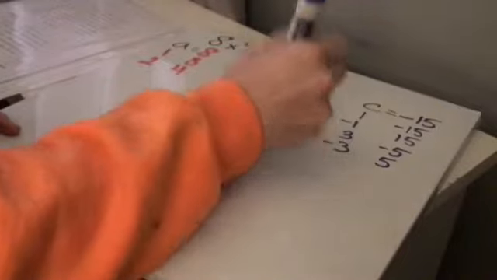Okay, so now we're going to try 2 and 4 with all of these. So we'll do 2 and 4 with 1 and negative 15. Well, 2 times 1 is 2. 4 times negative 15 is negative 60. So 2 minus 60 doesn't work.